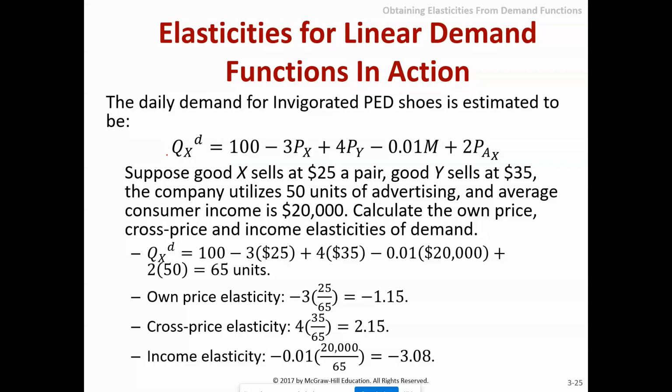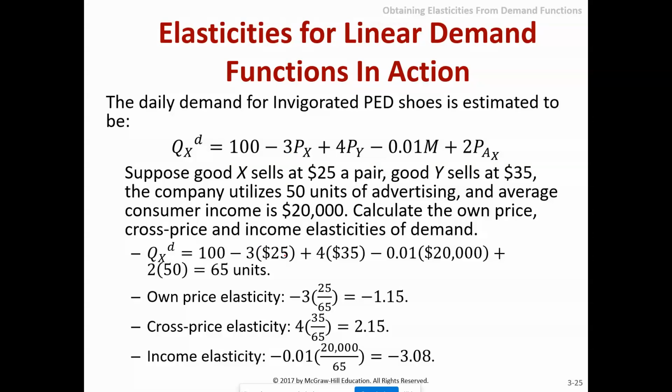All right, so the first step is we know the price, but we don't know how many units are purchased by consumers. What we do first is figure out the quantity by plugging those numbers in.